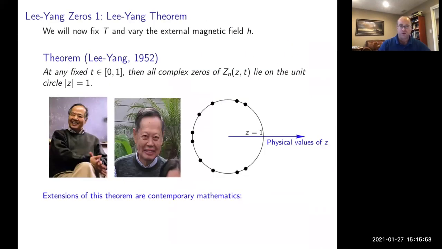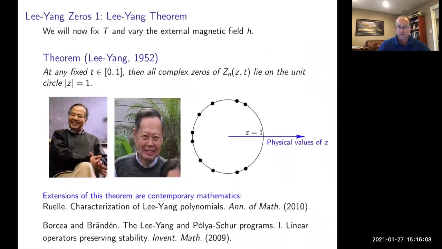It's funny, people are still thinking about the algebraic aspect of the Lee-Yang theorem. Ruelle published a paper about the Lee-Yang theorem kind of recently, and so did Borgs and Brandon. They published several papers about it recently. So it's really a kind of big business, this Lee-Yang theorem, and it's very, very exciting.